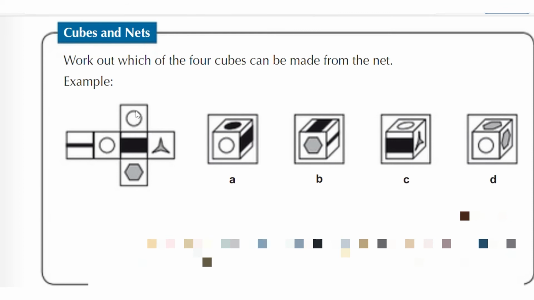The same thing with this one here and this one here. They are opposite of each other when you form them into a cube, so you should only see one side at a time. So if you see the side, you shouldn't be able to see the other side, and if you see this side, you shouldn't be able to see that top there. Same logic goes to this part and this part. So if you see this part of the cube, you must not be able to see this part.